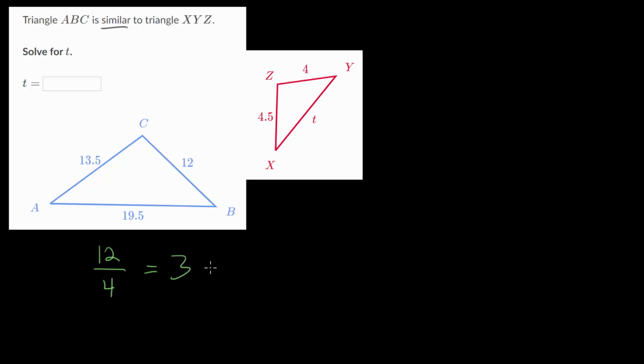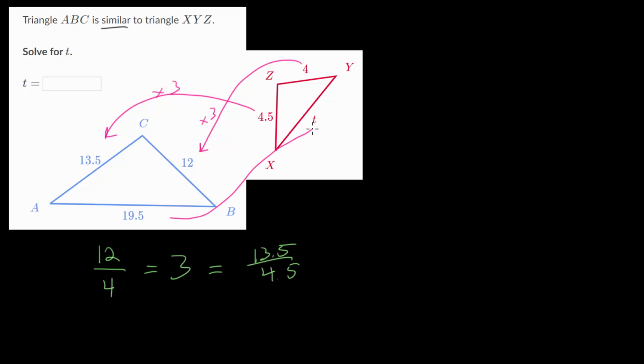And you can also notice that if we looked at, let's say, the middle side lengths, if we took the bigger one and divided by the smaller one, it is also equal to 3. So to go from the smaller triangle to the bigger triangle, we are taking each of the side lengths and multiplying by 3, which means that we're doing this here as well.